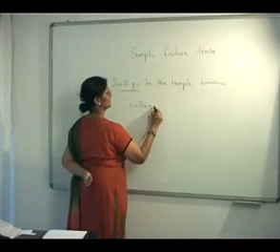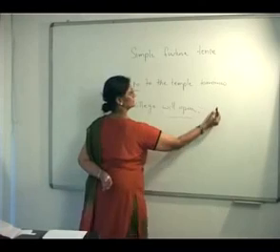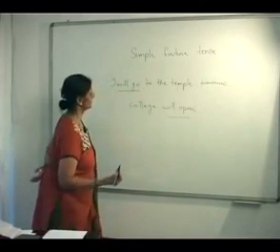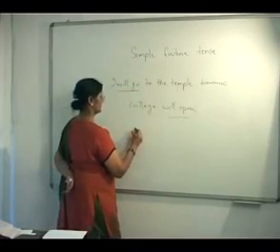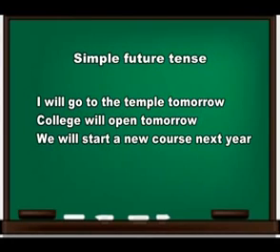College will open tomorrow, and we will start a new course next year. So the use of this simple future tense is very limited, and we use it only to express actions that are going to happen in the immediate future.